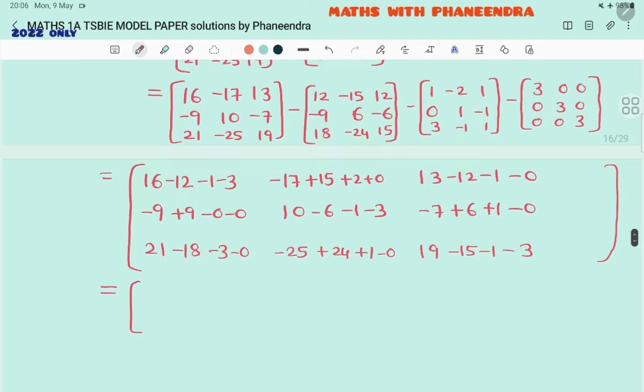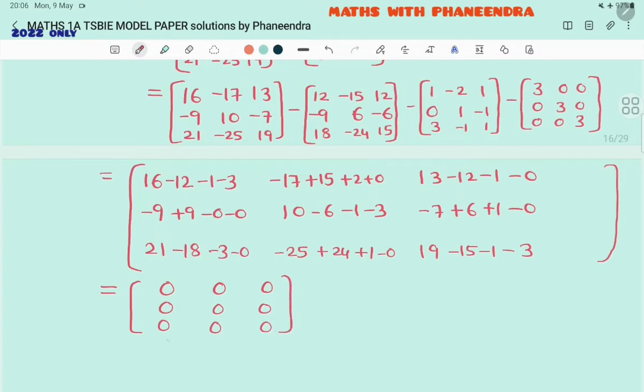So which is equal to 16 minus 16, 0. 17 minus 17, 13 minus 13, 9 minus 9, 0. All are zeros. 10 minus 10, 7 minus 7, 21 minus 21, 25 minus 24. Here 19 minus 19.